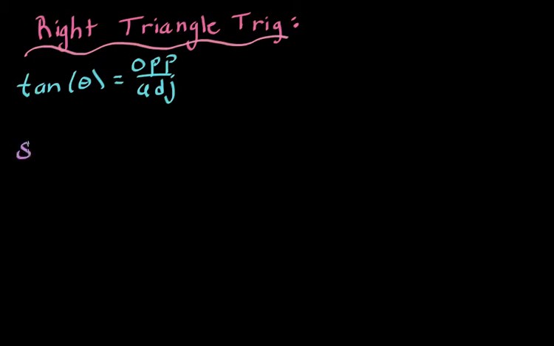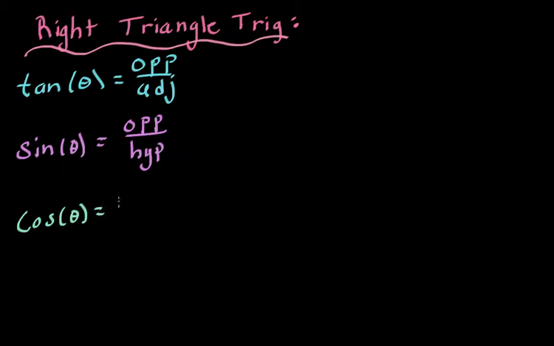Our sine ratio of some given angle is equal to our opposite side over our hypotenuse. And lastly, our cosine ratio is equal to our adjacent over our hypotenuse.